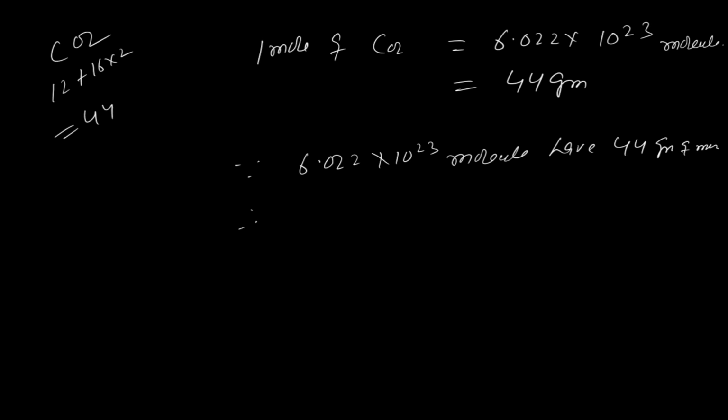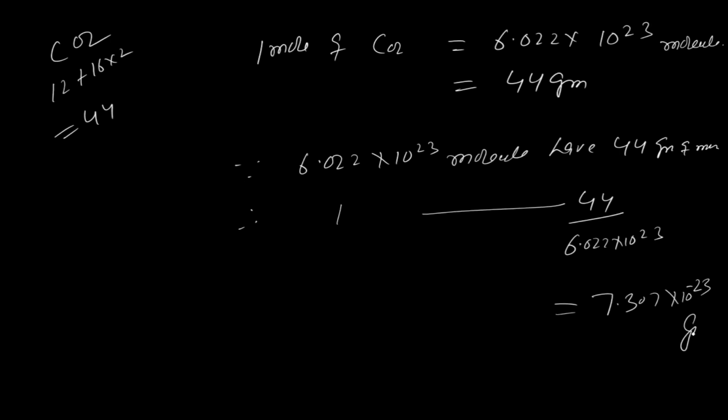You have to find out for one molecule, so one molecule will have 44 divided by 6.022 into 10 power 23. When you solve, whatever comes will be your answer. Your answer will come 7.307 into 10 power minus 23 gram. You have to do this simplification by yourself.